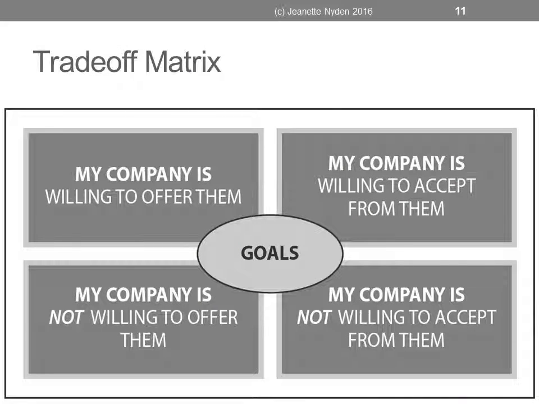Now, the tool that I use is a Tradeoff Matrix. This tool starts by identifying goals. If the buyer had used this tool and had identified the goal around lead time, he would not have been so willing to trade off lead time for price.